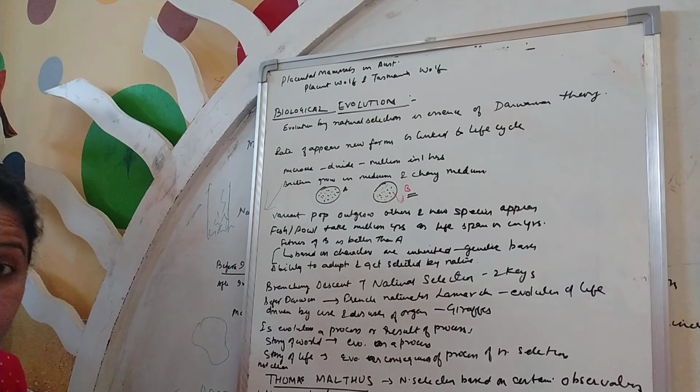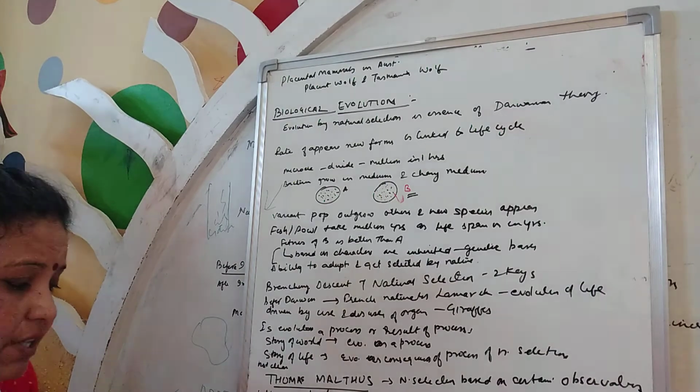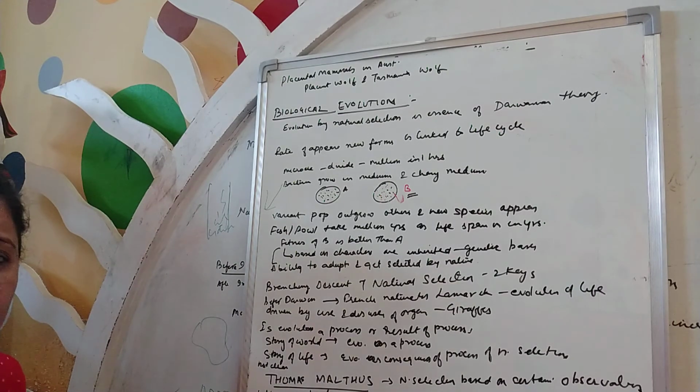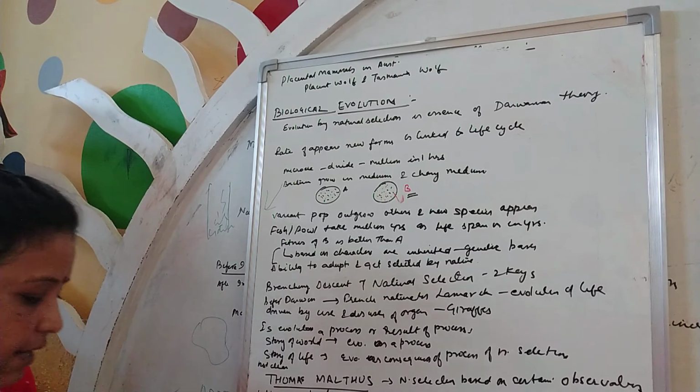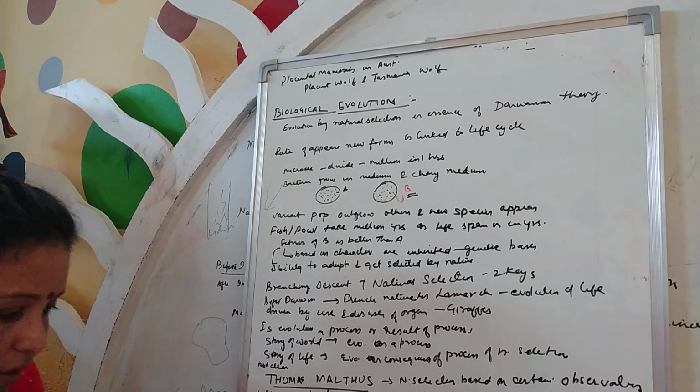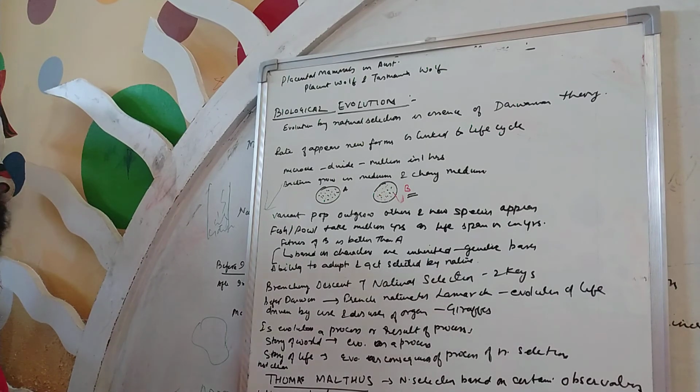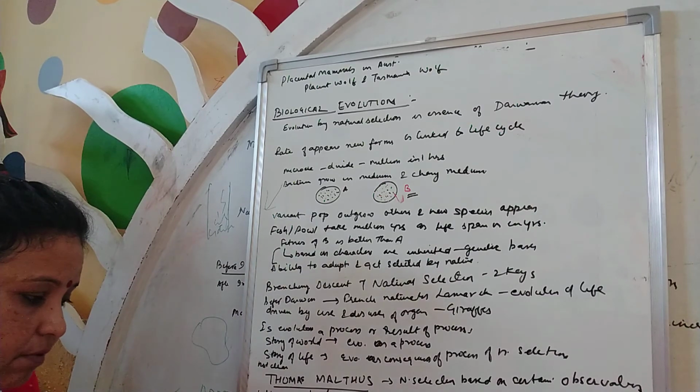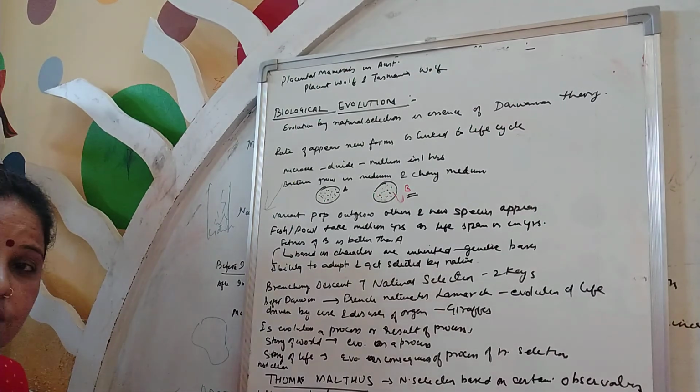On the other hand, Darwin said that mutation is random, that means any time it can occur. It is directionless, that means we never know in which direction the evolution will occur. The variation is small, directional and gradual. He said that the variation is very small and gradual, that means the evolution will occur slowly.